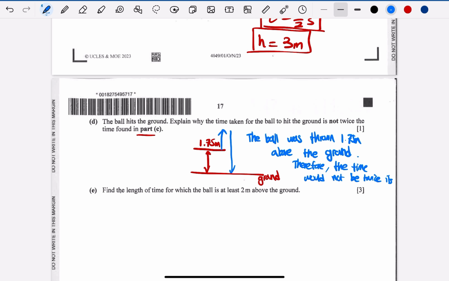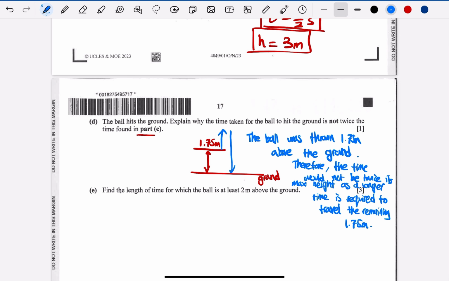From its max height, a longer time is required to travel the remaining 1.75 meters. Okay, so that is how you do part D.